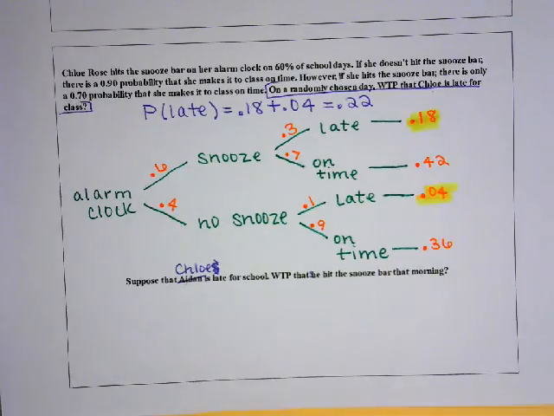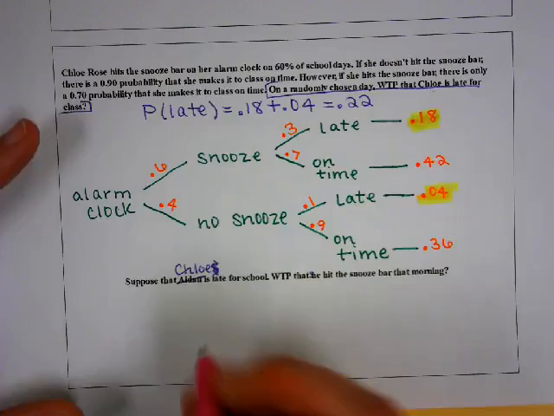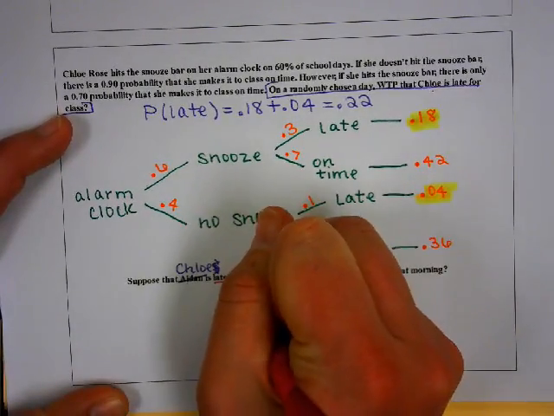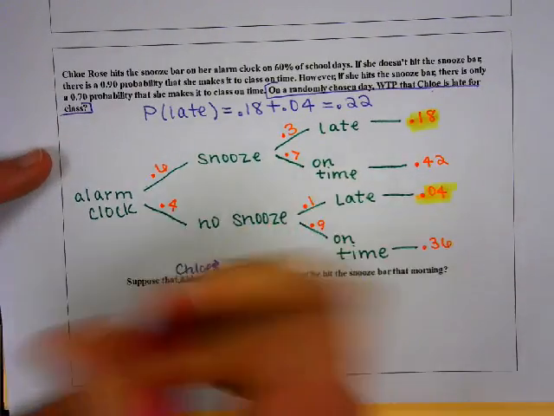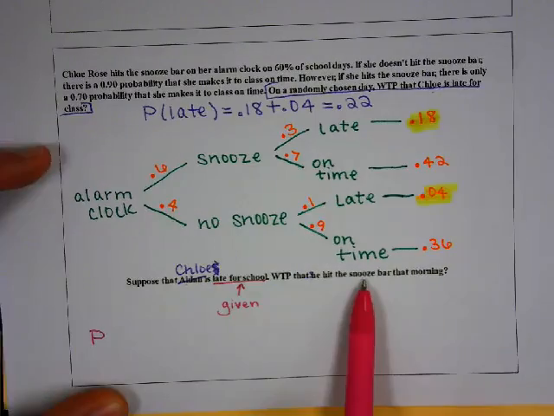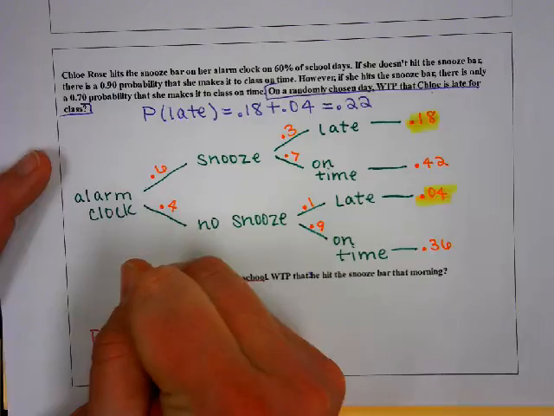So this is a conditional probability like what we learned yesterday. In this question, we know that Chloe is late. That's our given condition. And if she's late, what's the probability she hit snooze? So snooze, given she was late.